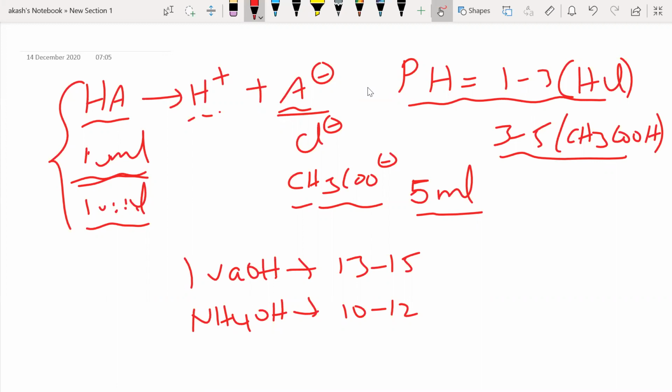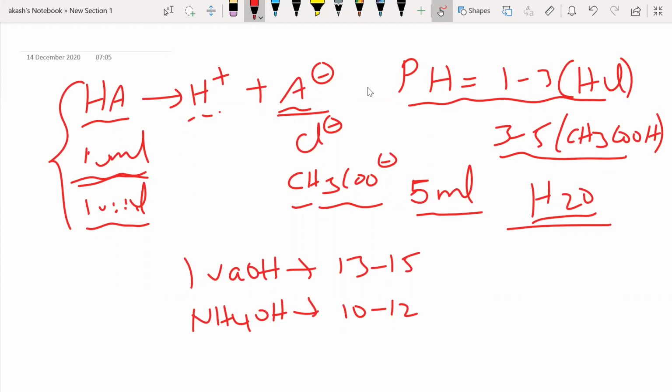You need that reference point. That reference point or middle ground is the water molecule. All the pH values and all the qualitative analysis are dependent on this molecule, water.